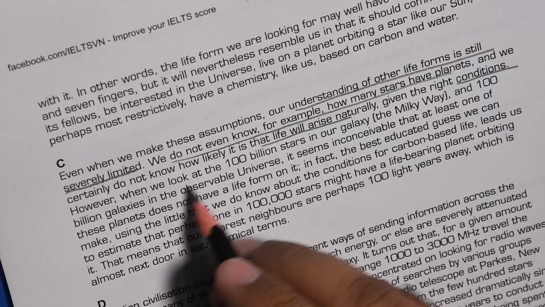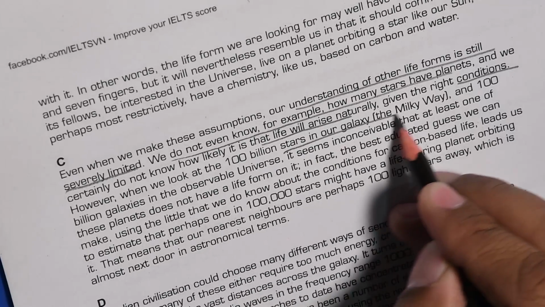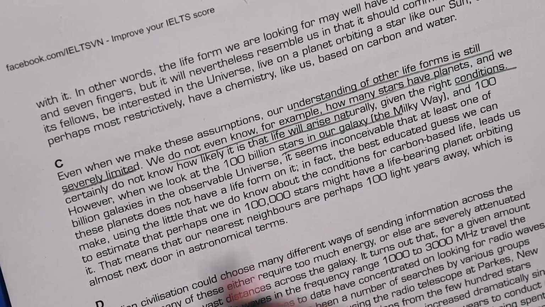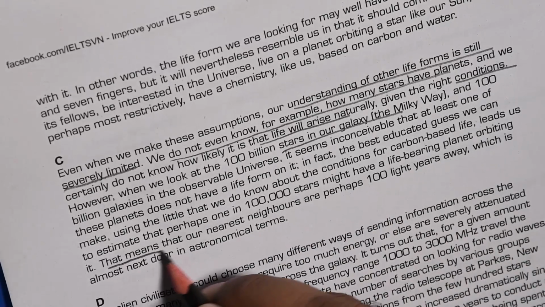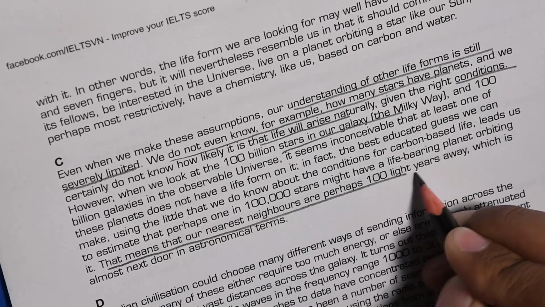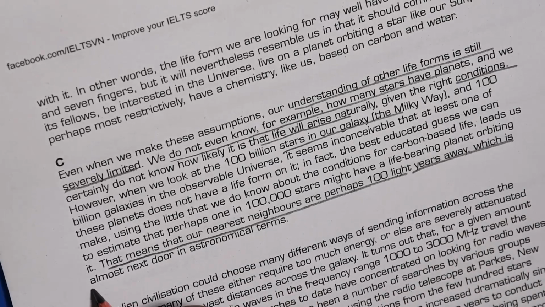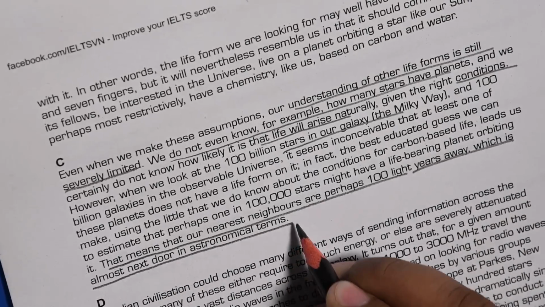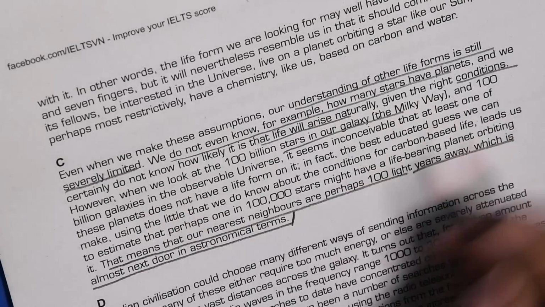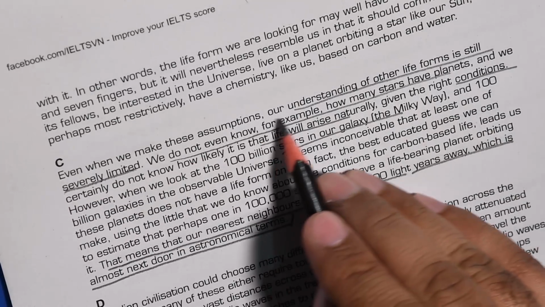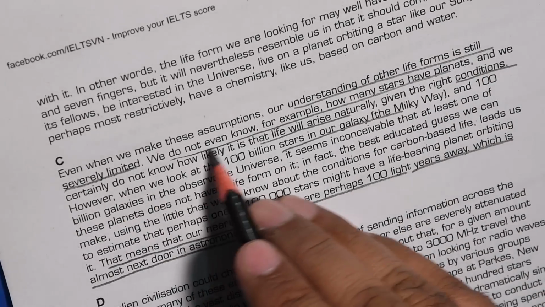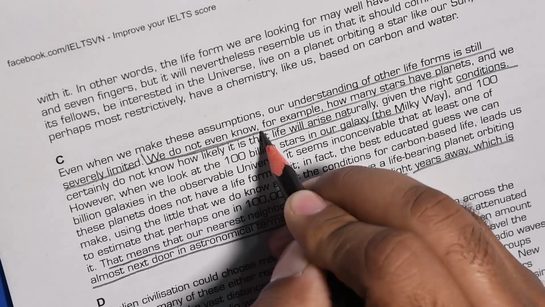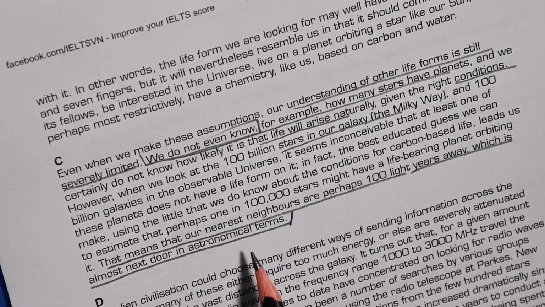However, when we look at the 100 billion stars in our galaxy, the Milky Way, it means that our nearest neighbors are perhaps 100 light years away, which is almost next door in astronomical terms. So these are two things. We do not know, meaning you've got limited knowledge, and then he talked about this thing.